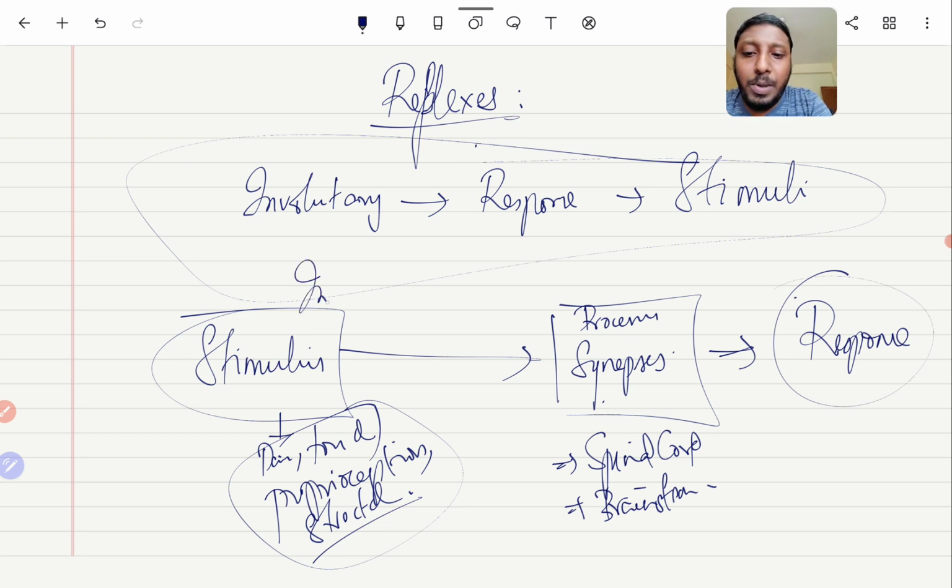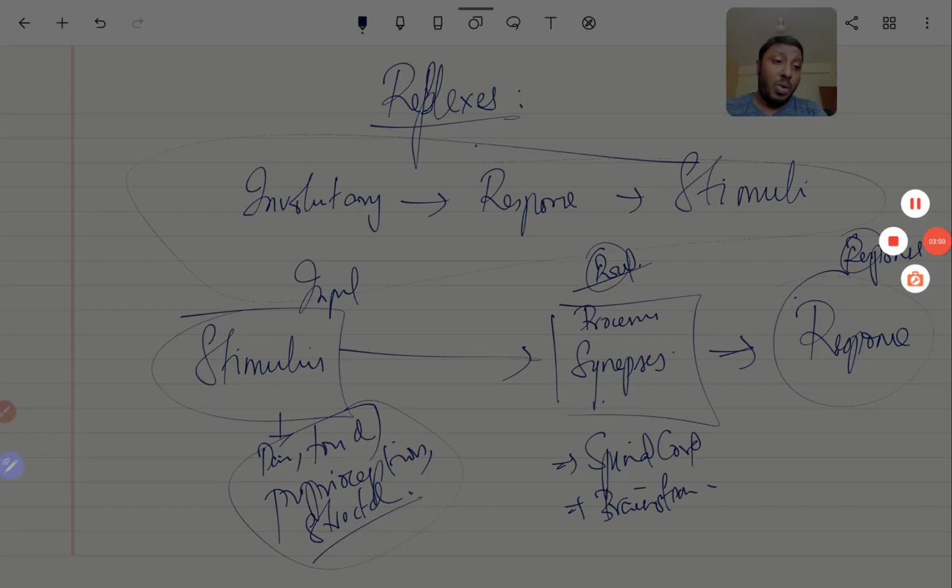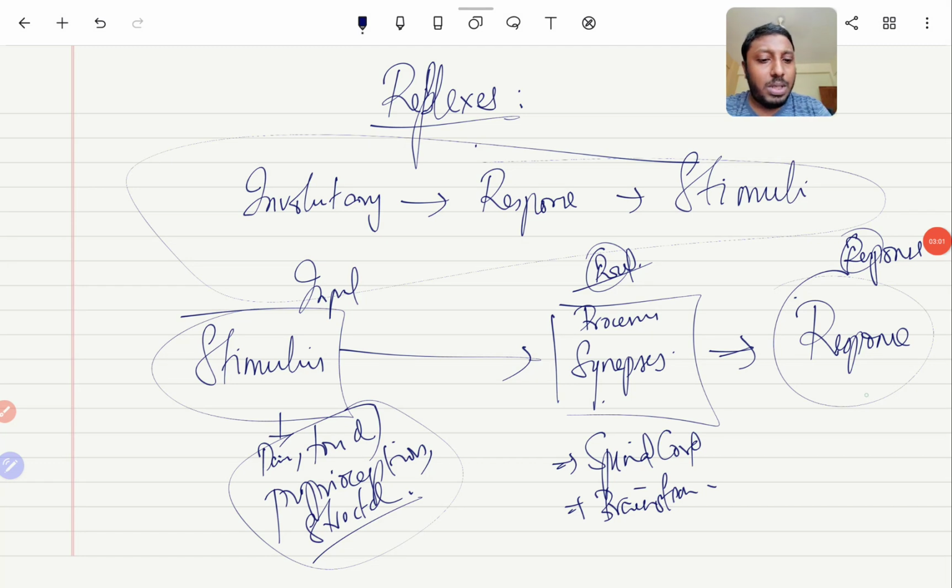So there is an input stimulus, there is processing, and then there is a response. The stimulus is usually sensory, processing is by synapses, and output is usually motor.